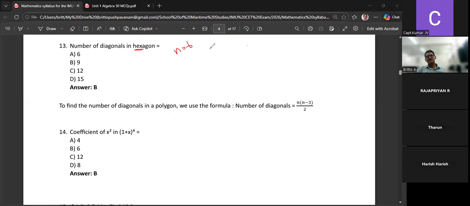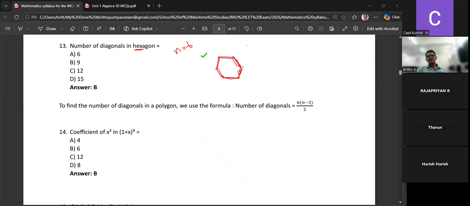We know the hexagon, yes, we draw the hexagon like this. This is the hexagon, right? So there are 6 faces of the hexagon.